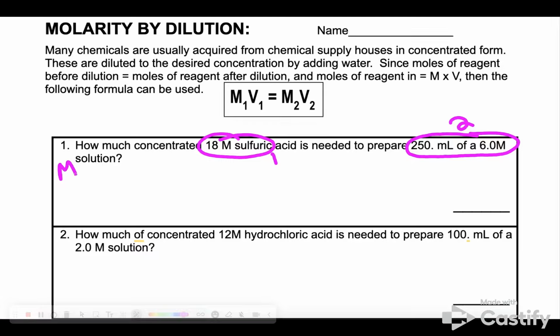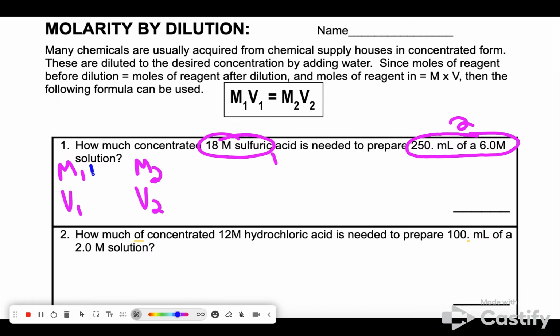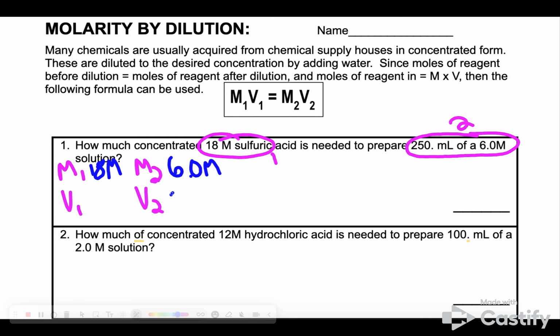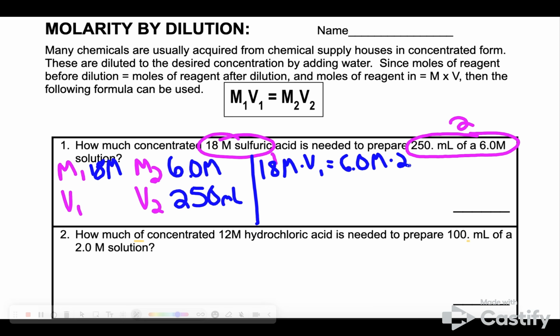So when I set this up, I have M1V1 equals M2V2. So I'm going to plug in my values. M1 is 18 molar, M2 is 6 molar, and my final volume was 250 milliliters. So to solve this, it's going to be 18 molar times V1 is equal to the 6.0 molar times 250 milliliters.